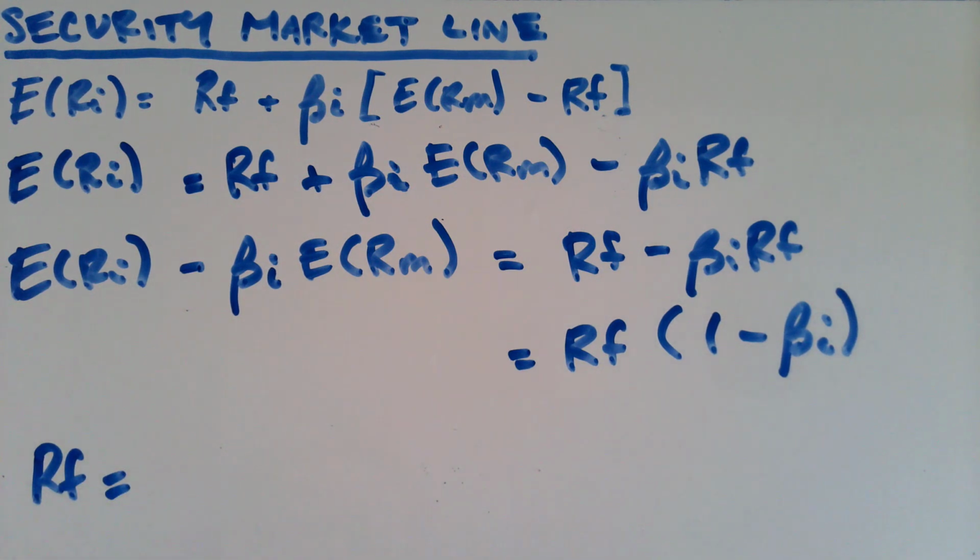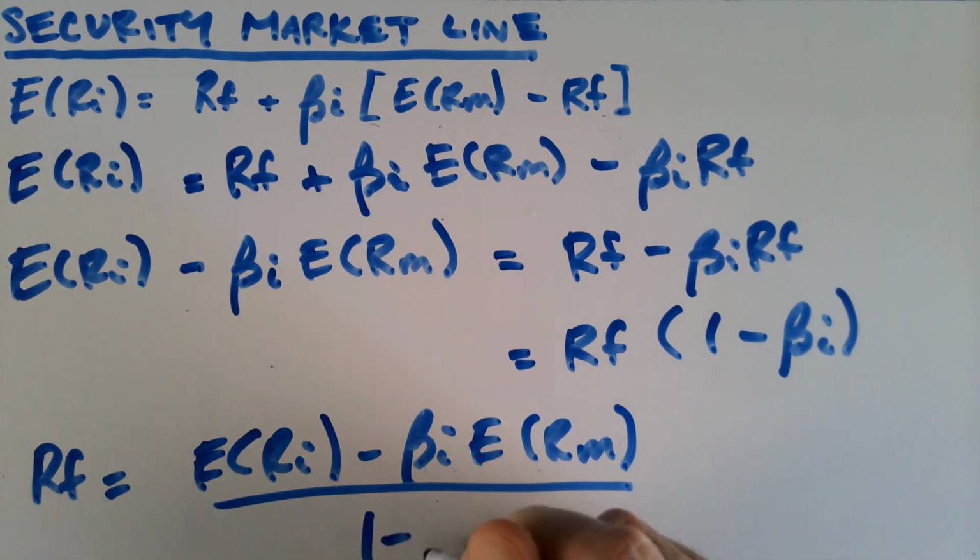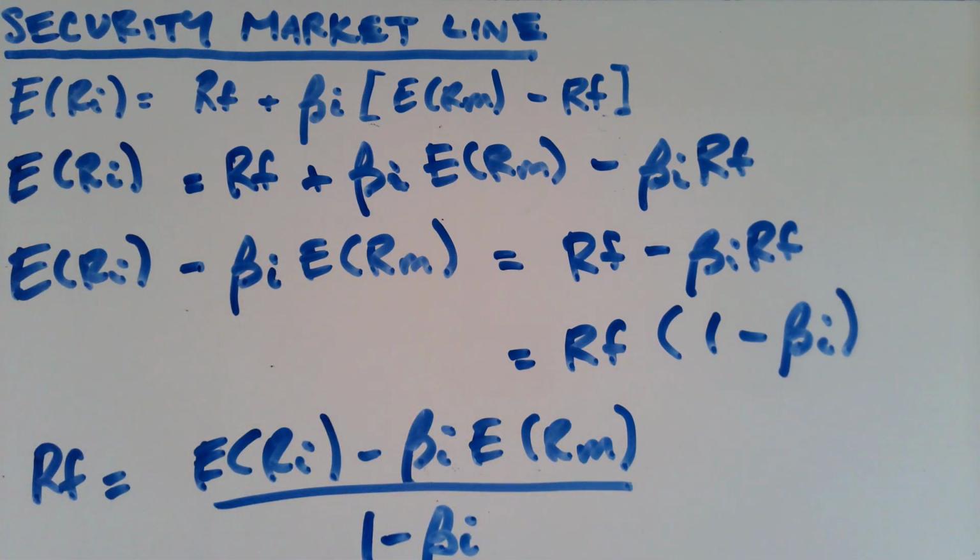So we're just basically switching sides here. And nothing has happened to this side since this step. And so there you go. That's how we find the risk-free rate given the security market line.